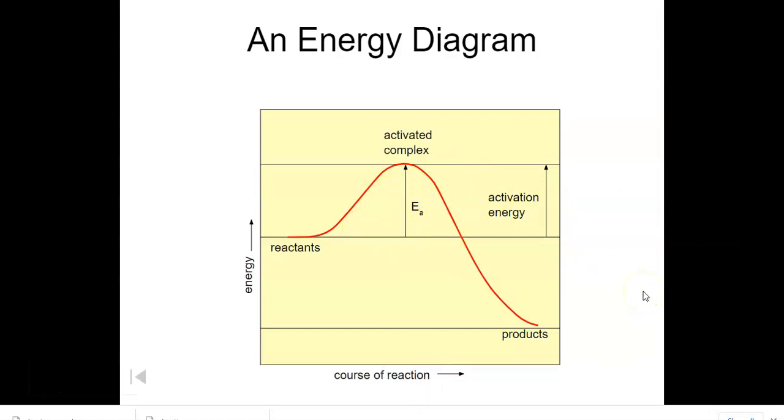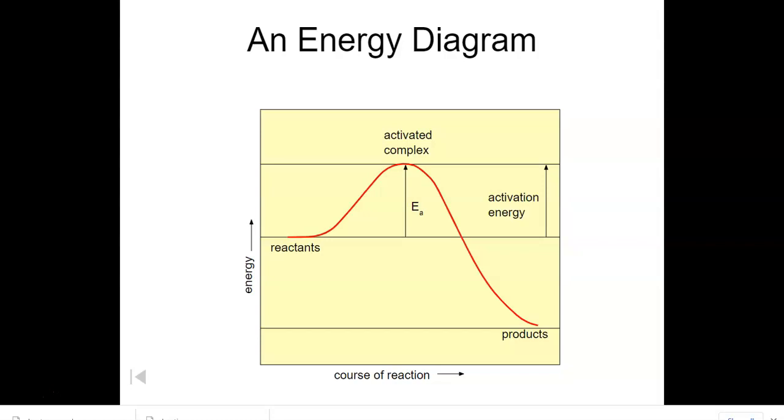The top of the hump is your activated complex. And then the gap between where your reactants start and the top of the hump is called your activation energy. It's the amount of energy required for your reaction to start. Some reactions require that you put energy in. So that might be something like increasing the temperature. We're putting it over fire.